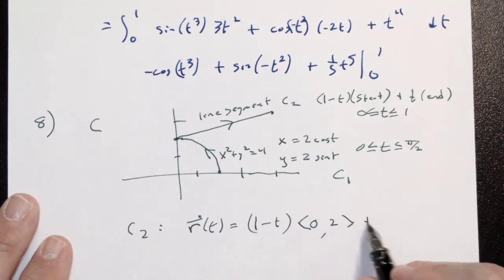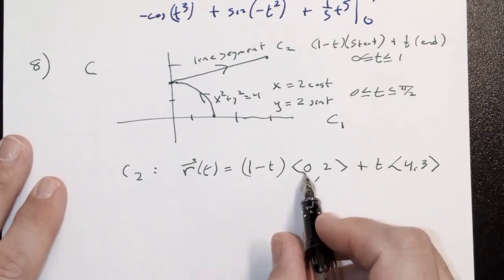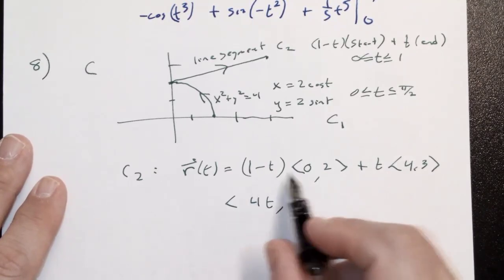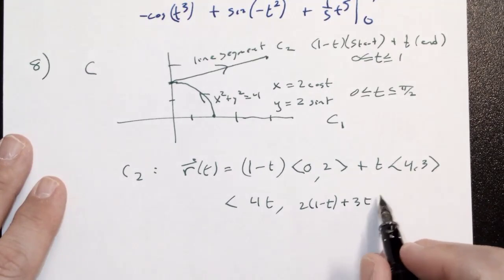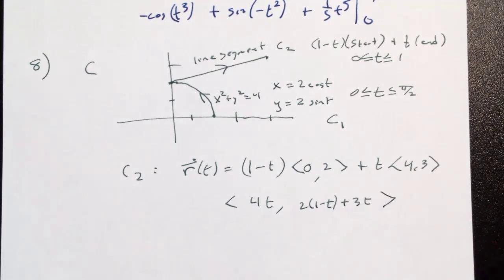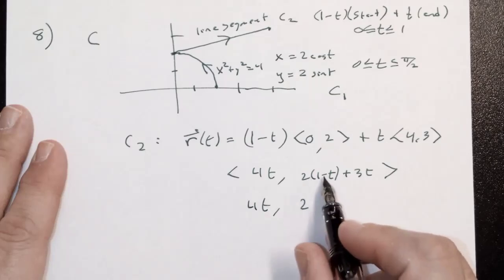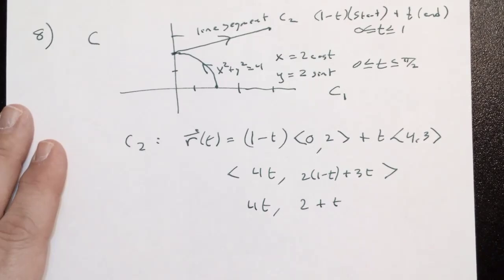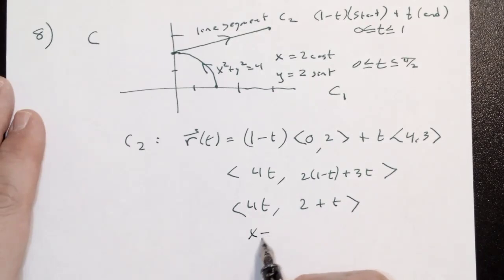And we end at (4, 3). So that's 0 times (1 minus t) plus 4t, and then 2 times (1 minus t) plus 3t. If I multiply that out, 4t, and 2 plus t. Now, if you wanted to, you could write x equals 4t, y equals 2 plus t.